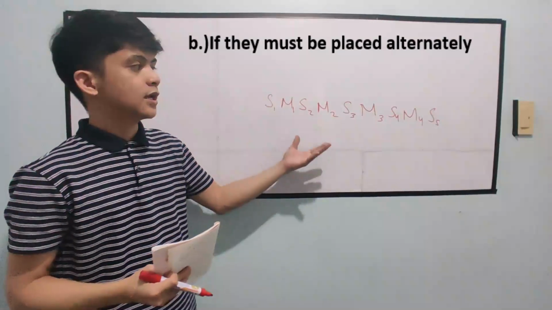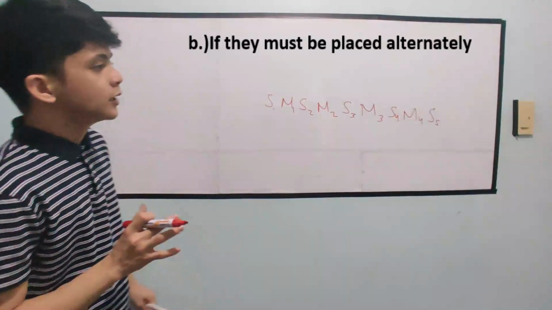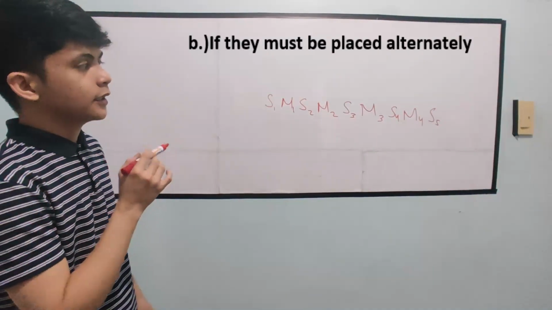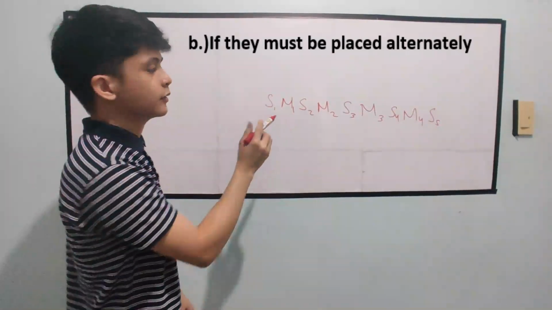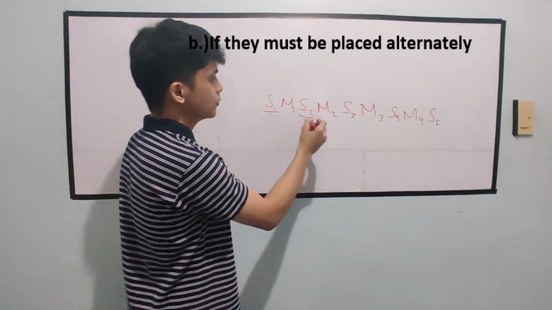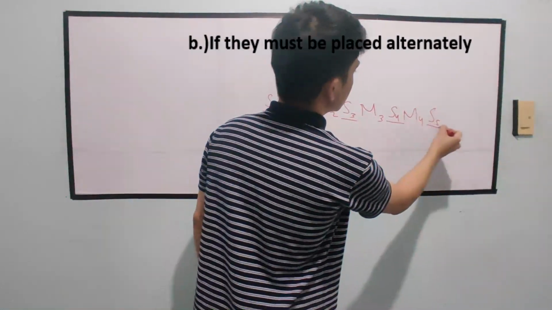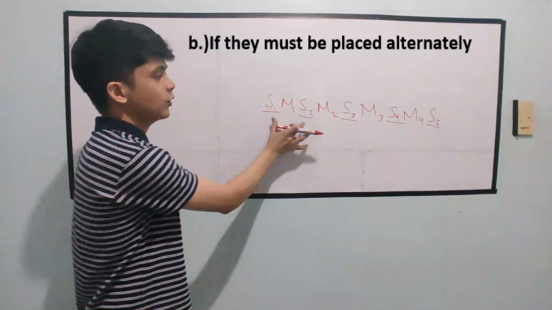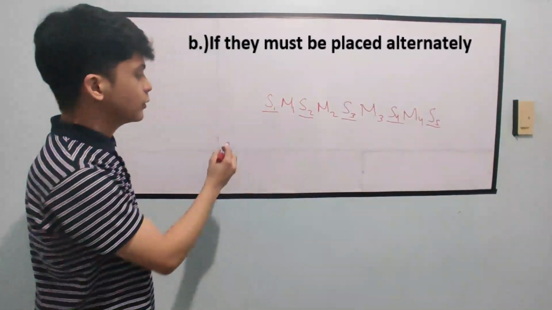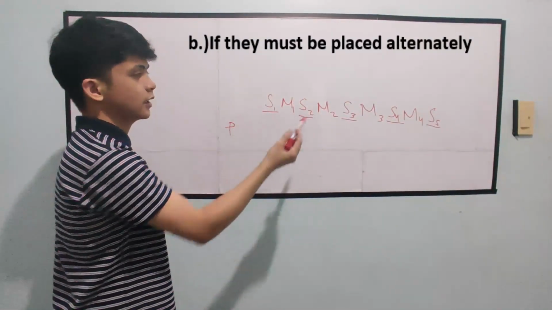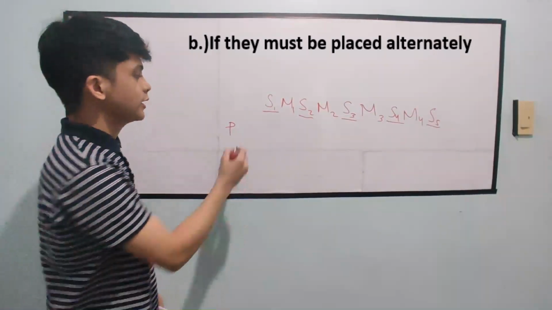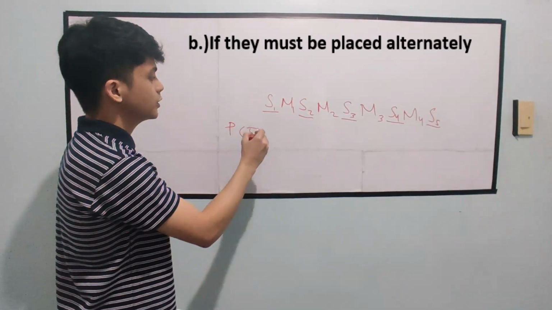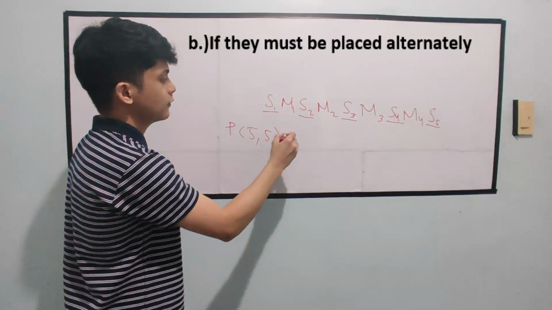So, many ways natin sila ma-arrange na ganito. So, now, titingnan lang natin. Yung science natin, meron tayong 1, 2, 3, 4, 5 positions na available, okay? So, how many ways natin ma-arrange yung 5 object and in 5 positions? So, that is simply permutation of 5 taken 5 lang, or 5 factorial.